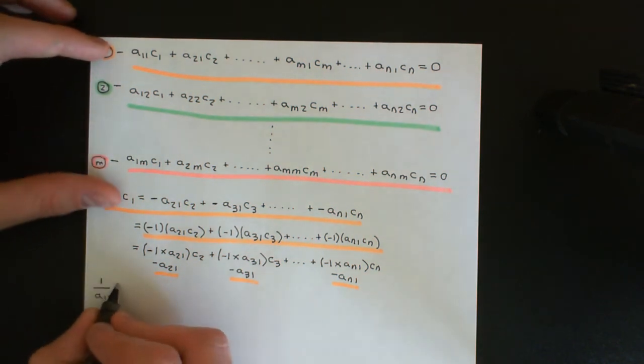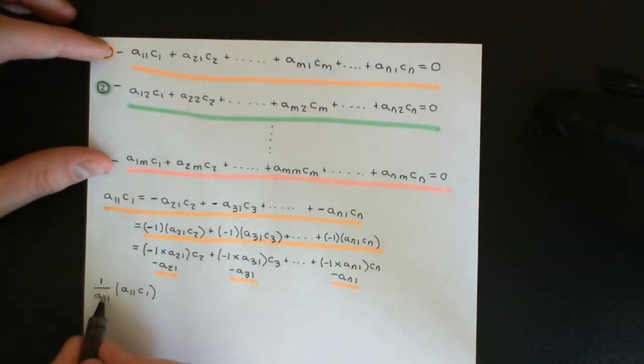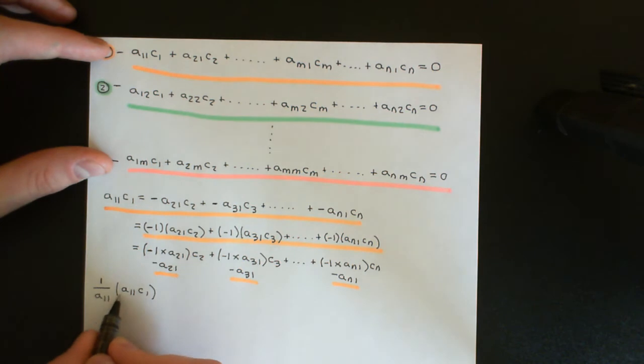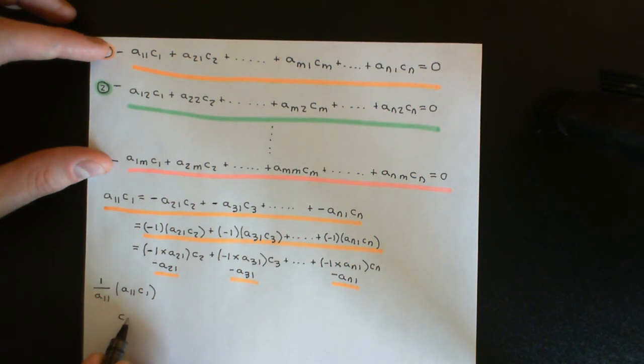So I'll multiply both sides by the multiplicative inverse of A11, like so. When I do this on the left-hand side, of course, I can reassociate, so I'll put the brackets around 1 over A11 times A11. That will give me the multiplicative identity of the field, so this side will just end up as C1, intuitively, as it should.